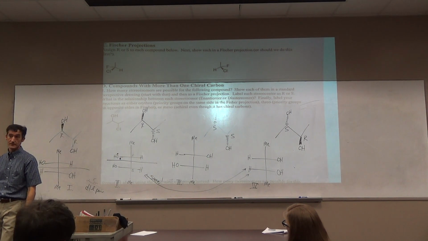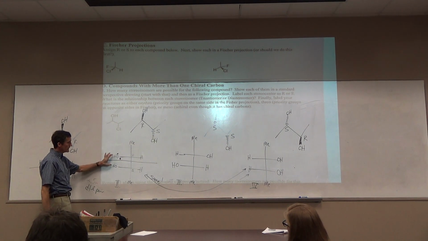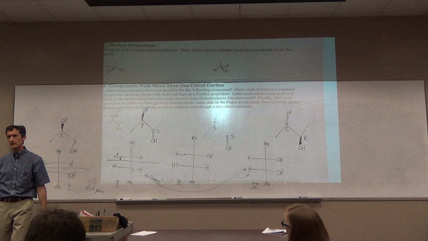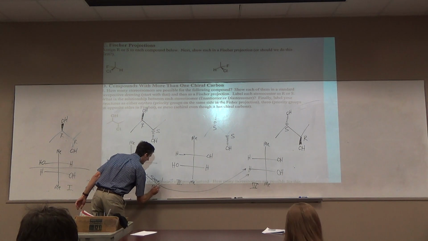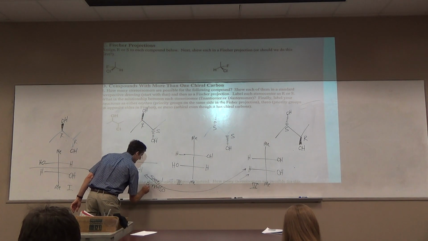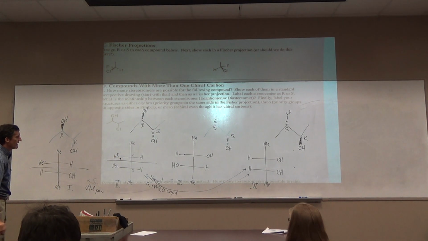There's one other compound. Is it a rethrow or 3-0? It's a rethrow, but that's not what we call it. Yes, it's a rethrow, but it's a special type. In this case, we call it meso, or a meso compound. What is a meso compound?